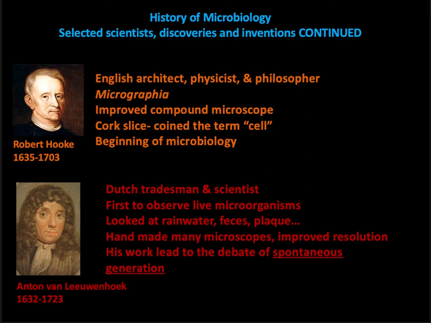Okay, so Anton van Leeuwenhoek was very good at making microscopes. He made lots of improved resolution microscopes and did a lot of work with this. One thing I forgot to mention with Micrographia, he did a lot of looking at plants and things up close, whereas Anton van Leeuwenhoek, as I mentioned, looked at a lot of actual microbes, living microbes.